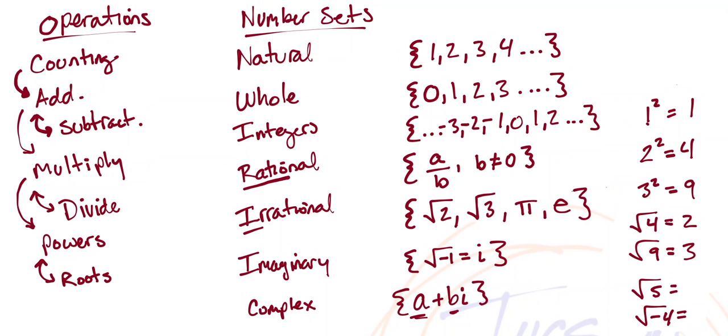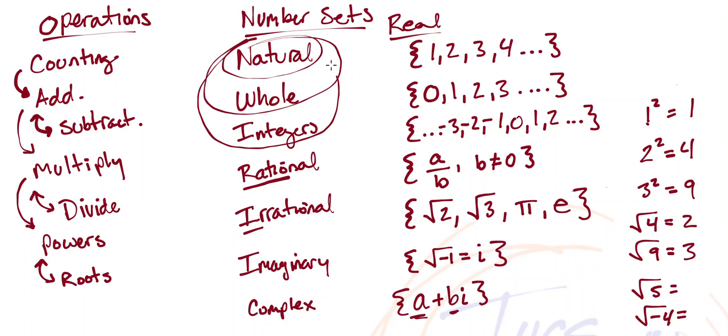Now, there's one thing I want to show you real quick. First of all, the numbers that we started talking about are the real numbers. Natural numbers, and then whole numbers include the natural numbers, and then integers are all the whole numbers plus some negative numbers, and then rational numbers are all the integers plus all the fractions, the numbers with a denominator that's different than 1.